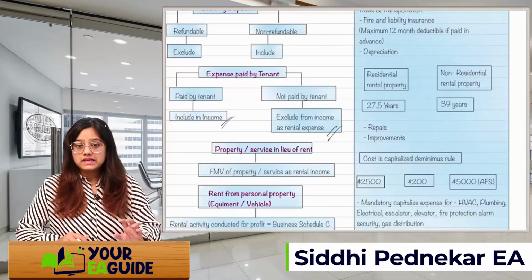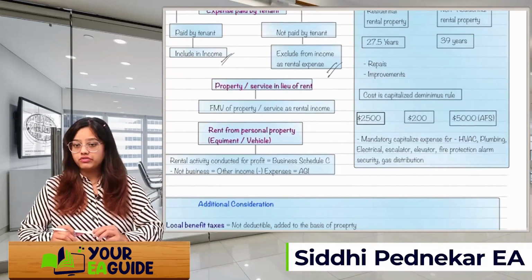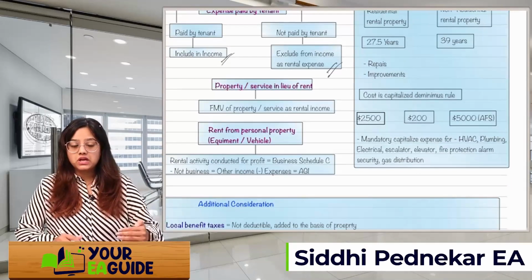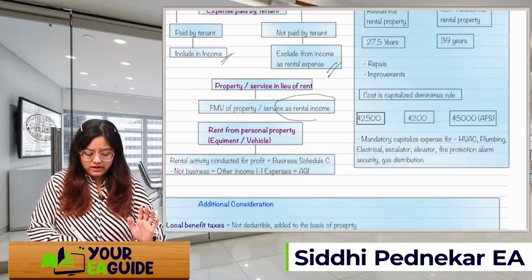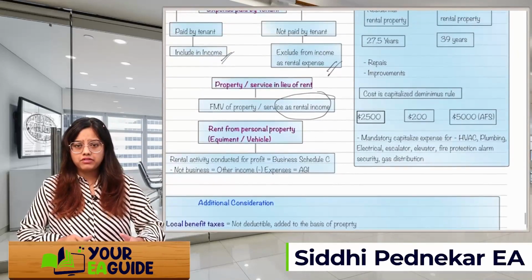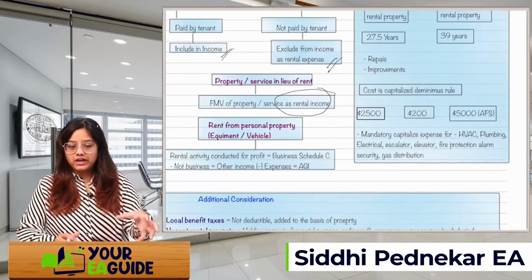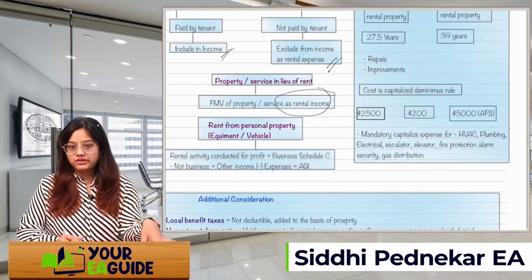Got it, guys? Next is property or service in lieu of rent. Whenever, instead of paying rent, a tenant provides you some services, just take the FMV of the property or services as rental income. For example, I have a rental property and I have given it on rent to a person, and that person is preparing my tax returns.